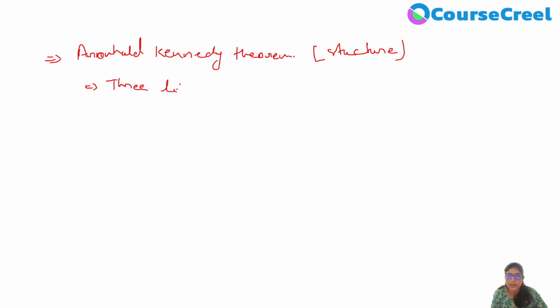If there are three links here, suppose this is link 1, this is link 2, and this is link 3. So here if we mark the instantaneous centers for these three links for this mechanism, it will be I12, it will be I23, and it will be I13, right?